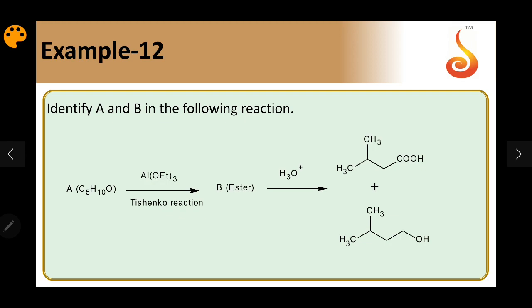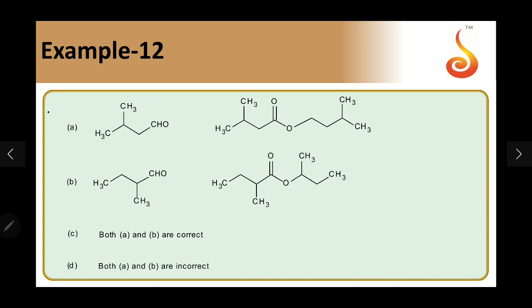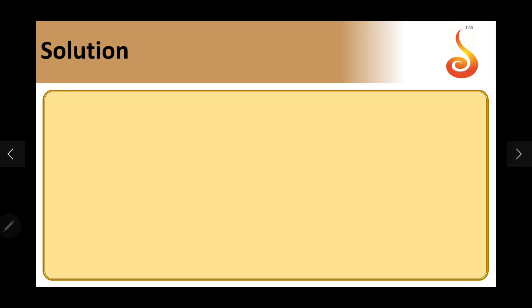The ester that we get is hydrolyzed to get carboxylic acid and alcohol. So, these two are the compounds that are obtained. So, we will work backwards to get the corresponding compound. These are the options. We will go to the solution part.